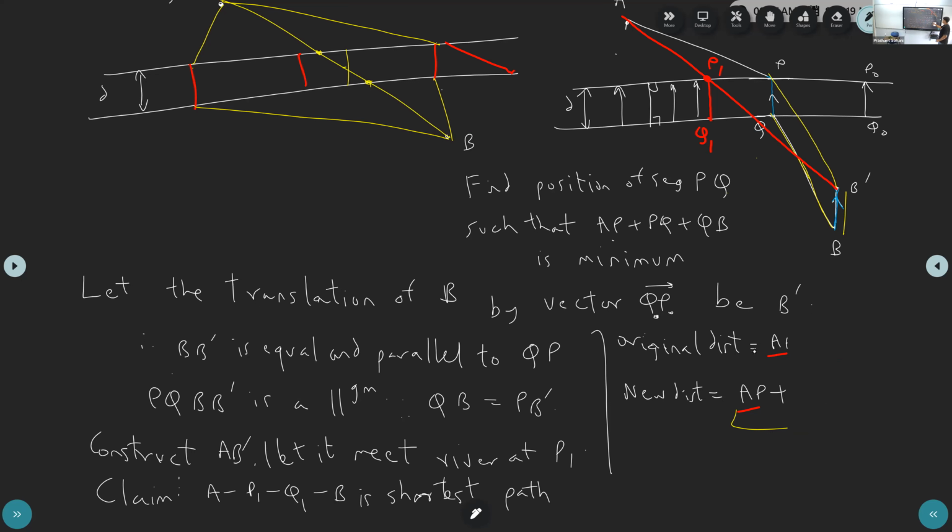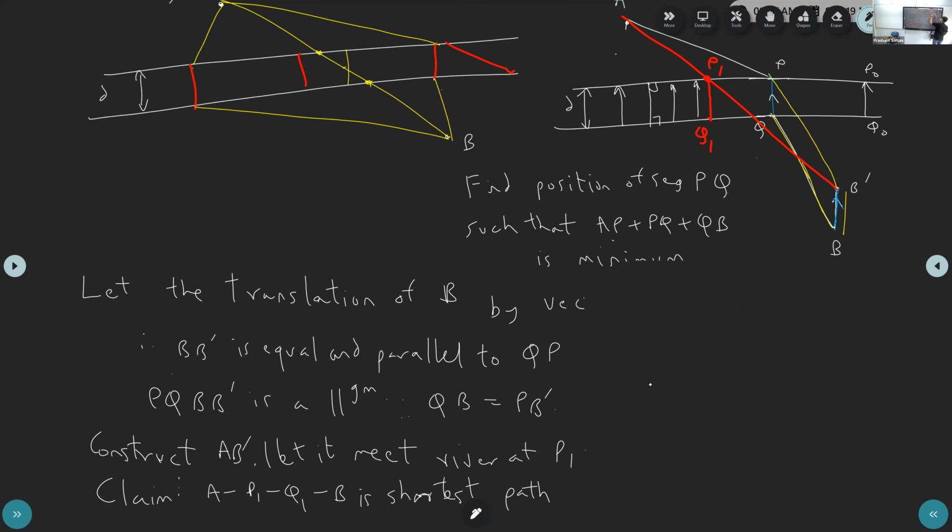Okay, let me write it here itself because it's not a very long proof actually. So to prove that this A P1 Q1 B is the shortest path, basically what I need to show is that it is shorter than any other path. So we need to prove that A P1 plus P1 Q1 plus Q1 B is smaller than or equal to any other path.